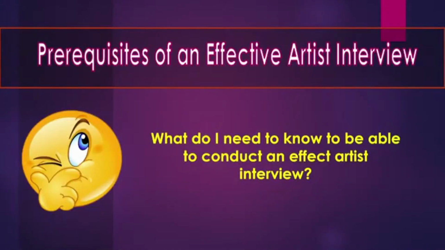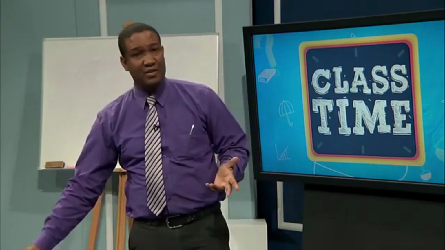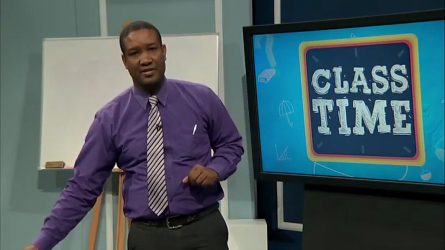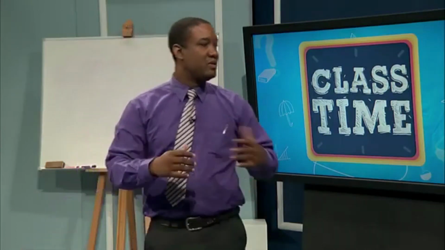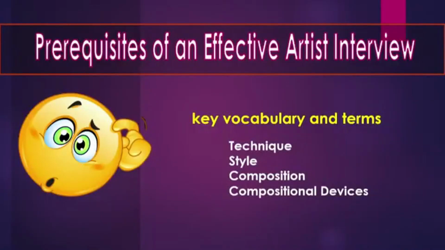What do I need to know in order to conduct an effective interview? You need to be aware of certain key vocabularies. These vocabularies include technique, style, composition and compositional devices.